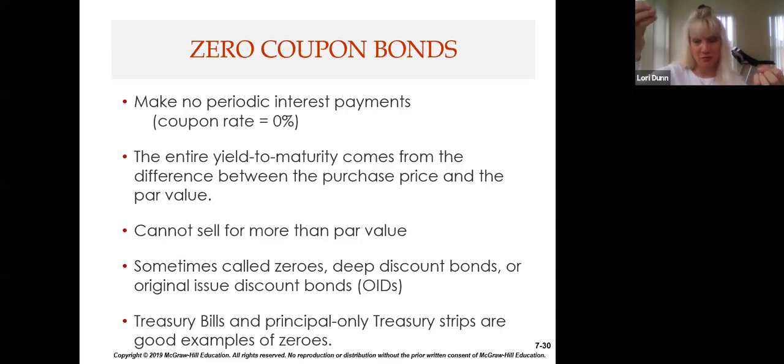These cannot be sold for more than their maturity value. They're sometimes called zeros, deep discount bonds, or original issue discount bonds. Treasury bills and principal only treasury strips are just some examples of investments in zeros.